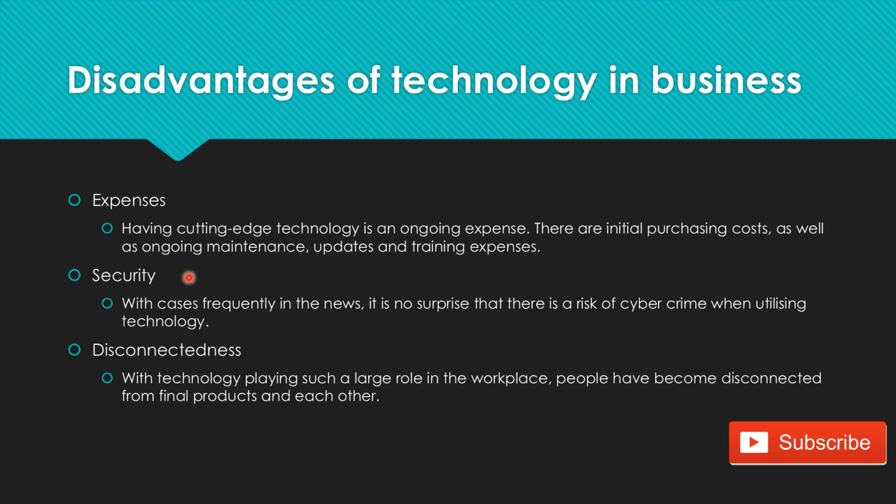And there's another issue, which is security. With cases frequently in the news, it is no surprise that there is a risk of cybercrime when utilizing technology. So the data is always at risk, and someone might eventually find a way to steal your customer information.